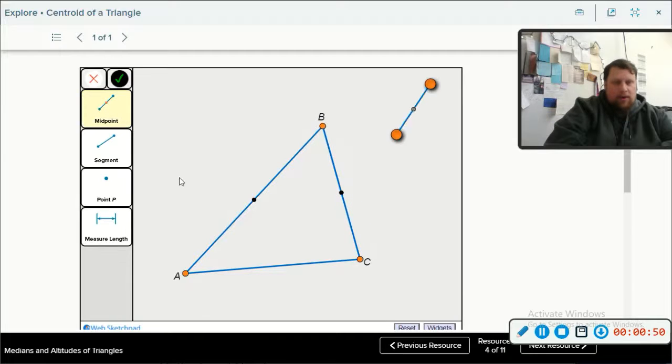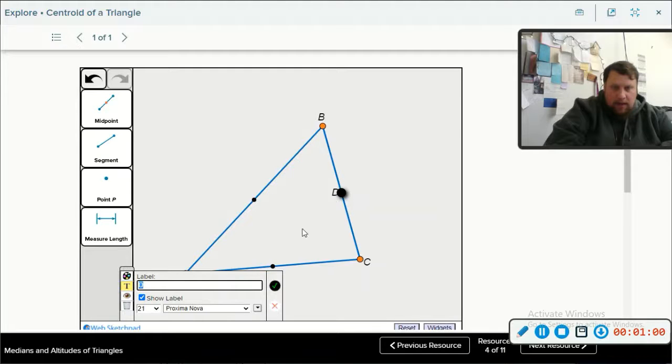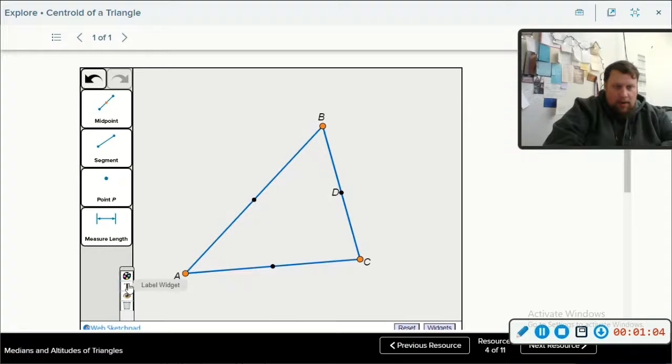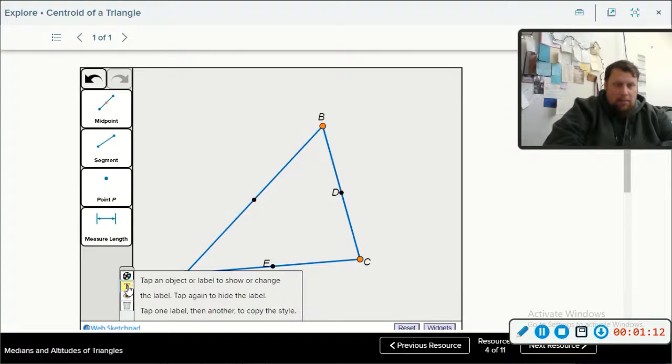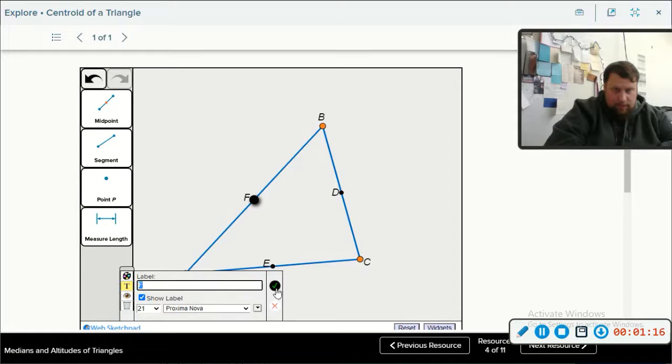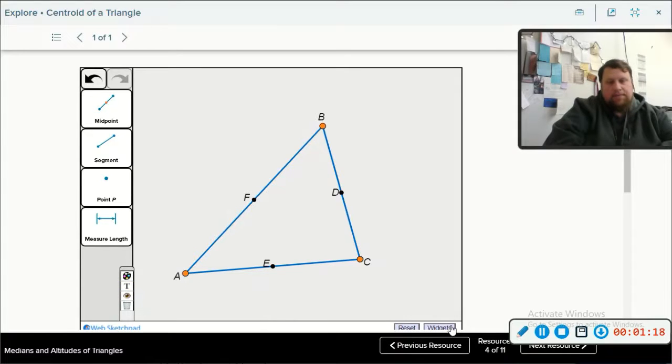But here we go. We're going to get all the midpoints, and then I'm going to label them. I'm going to label the midpoint of BC, D, the midpoint of AC, E, and the midpoint of AB, F. Awesome.